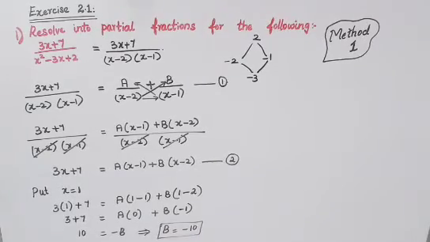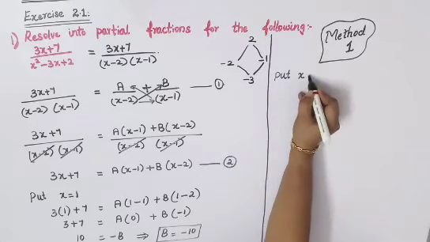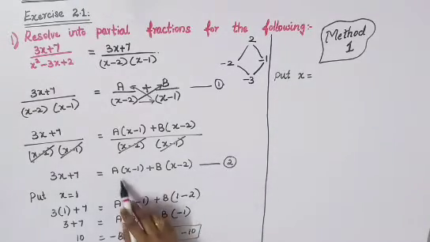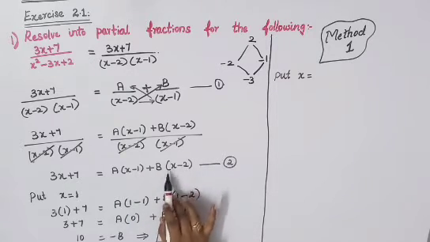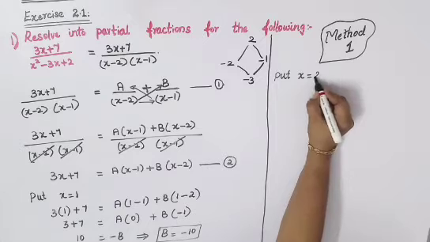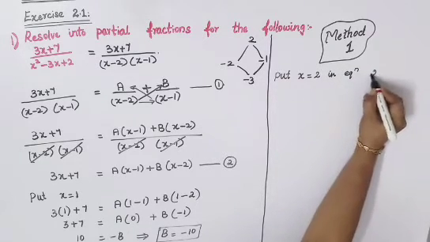Now you'll have to find A. Next, put x equal to the next value. Minus 2 is there, so we give plus 2. Put x = 2 in the second equation.